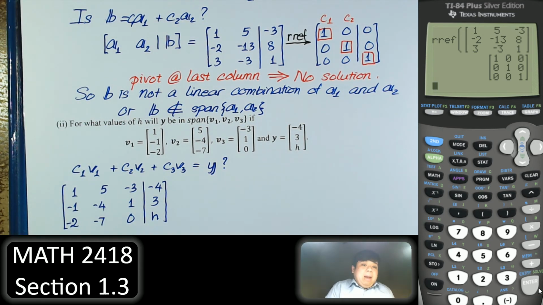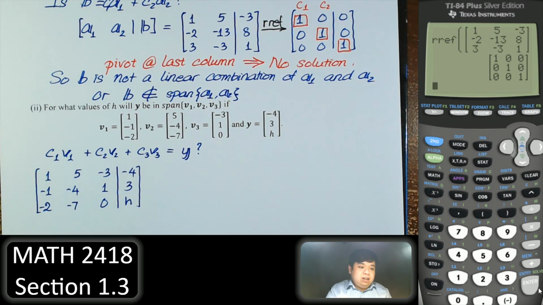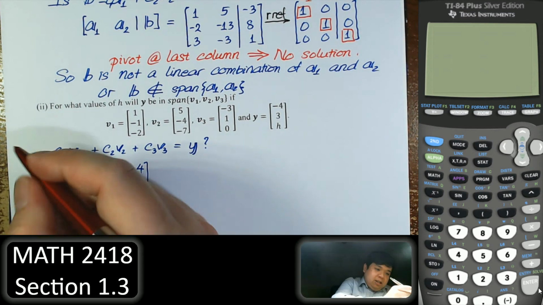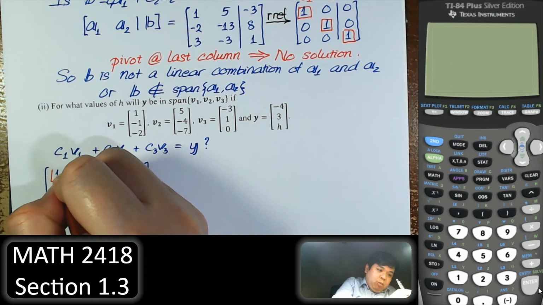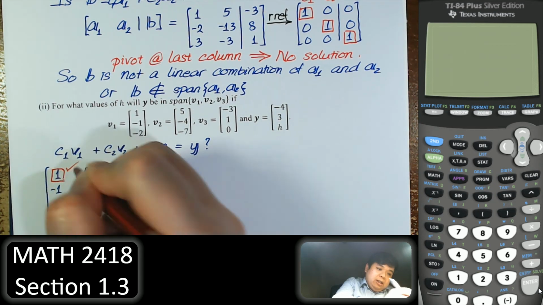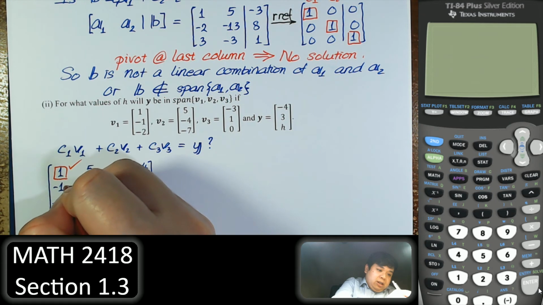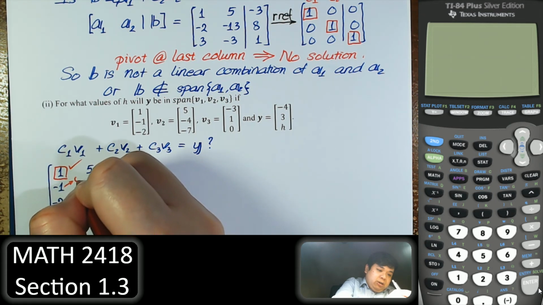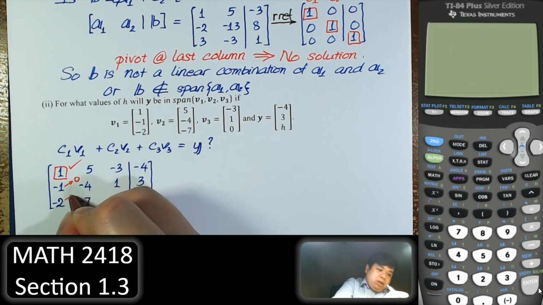Right. Bad news is, in this case we have a variable. We cannot put it in the calculator to find the reduced row echelon form, so we have to do this by hand. How do we do this by hand? First, we have the pivot of 1, which is very good. Now we're going to turn this entry to 0, and then turn this entry to 0.